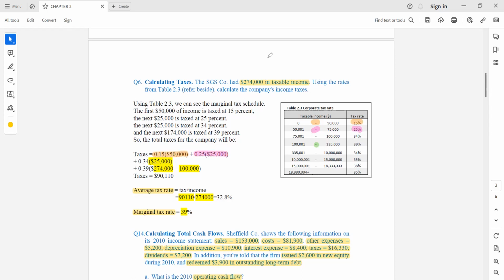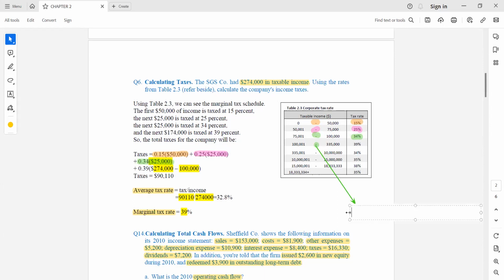And then moving on, the next 25,000 over here is subject to 34% tax, which I can write over here. And lastly, because we know it's somewhere over here, we want to calculate the exact residual value. We know that it belongs to this category, but how much is the exact residual value?